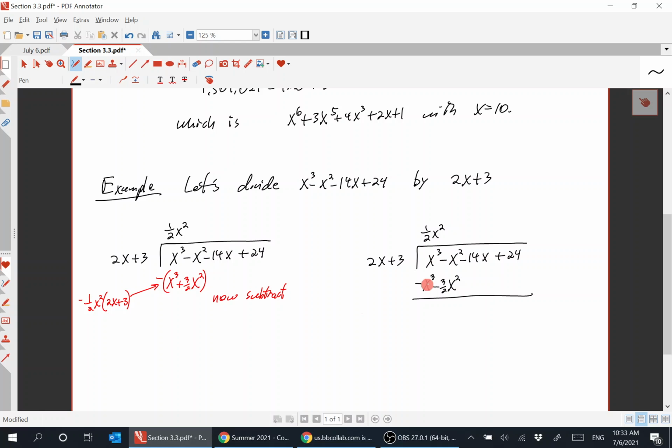X to the third minus x to the third is 0. You're trying to cancel out that first term, which is what happened. And now I've got minus x squared minus 3/2 x squared. That's minus 5/2 x squared. And then bring down the other terms.